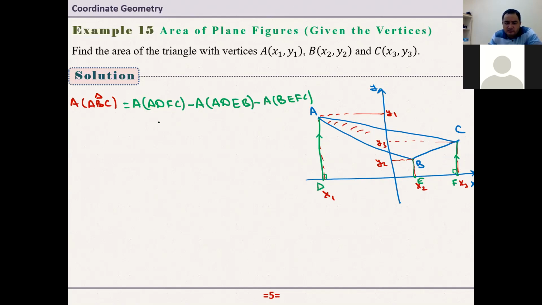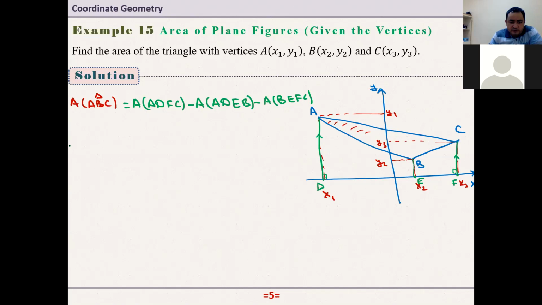Now the only thing here is we have to evaluate this. When we evaluate this, we will get that formula. As you said, this one is a trapezium, that is also a trapezium, and that's also a trapezium, and the area of a trapezium is half the sum of the parallel sides times height. That means that every formula here contains a half. So I'm just going to write that half outside.